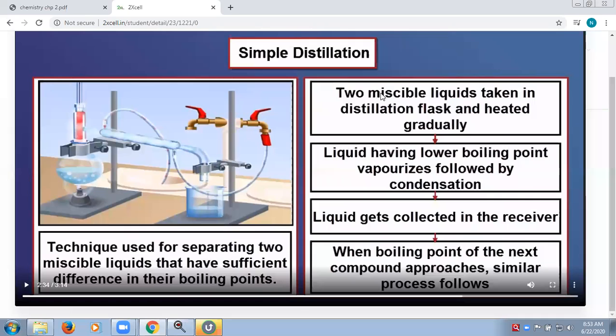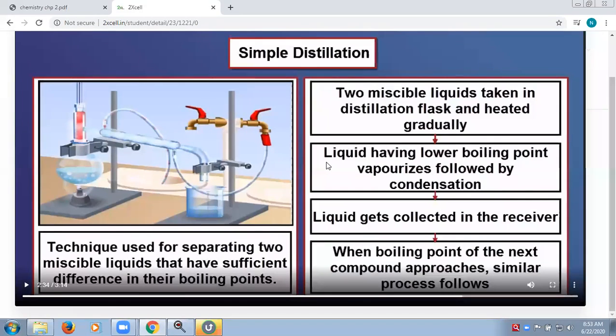Okay, two miscible liquids are taken in a distillation flask and heated gradually. The liquid having the lower boiling point vaporizes, followed by condensation. Clear? After condensation of the vapors, the liquid gets collected in the receiver. Clear? And the same way, for the next component, a similar process is followed.